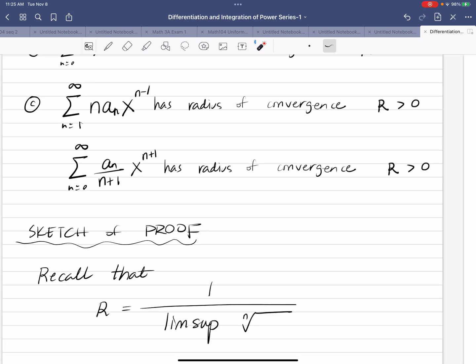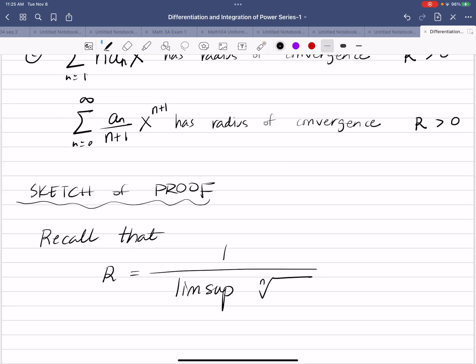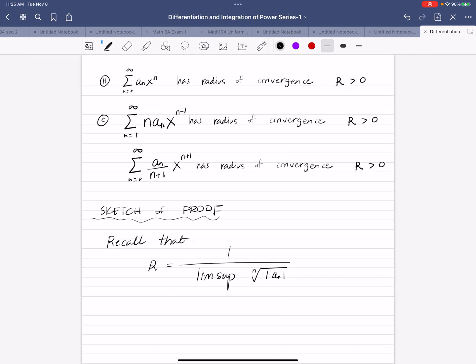So that's our formula for R. We actually have a formula for R. So if we want to compute the radius of convergence of this series, for instance, we just need to compute the lim sup of the nth root of this coefficient, n times a sub n.